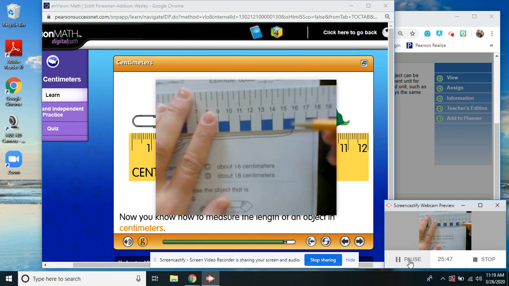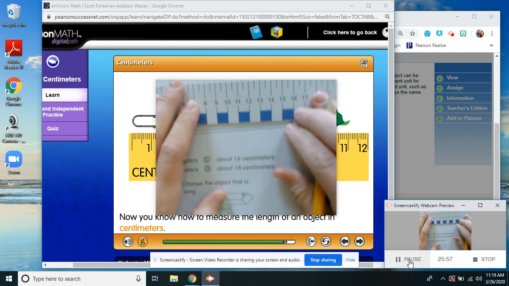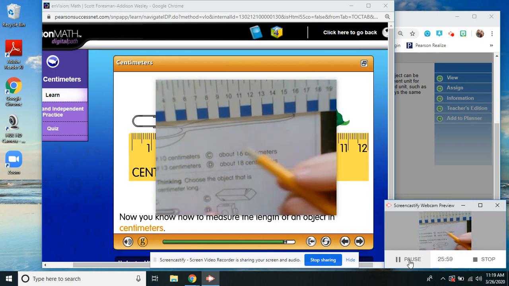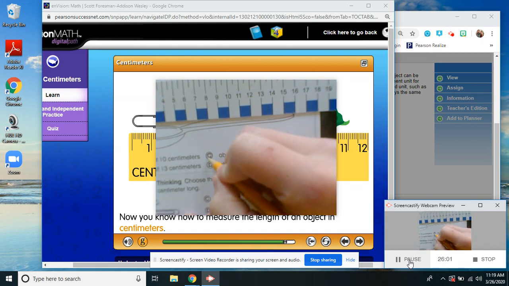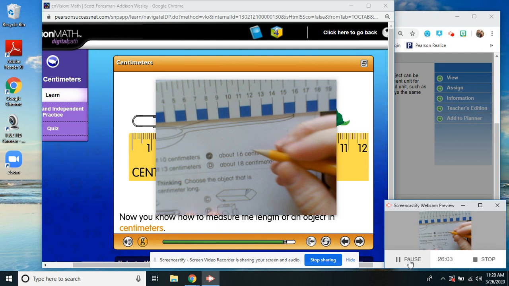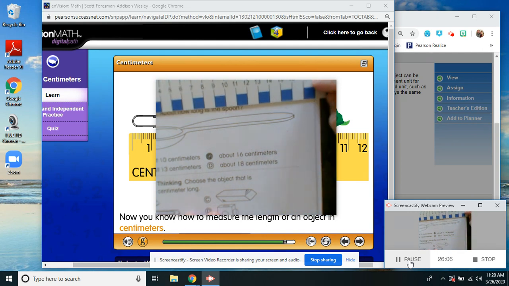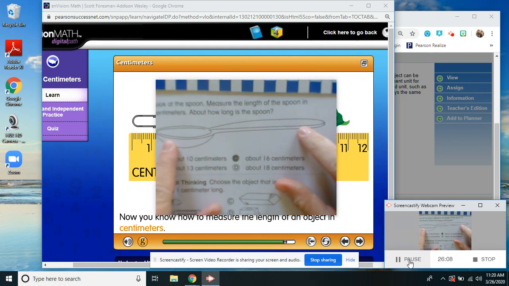Ooh, I see that this spoon lands between 15 and 16. It is very close to 16, which is our nearest centimeter. So I need to find that answer, and I see it is letter C. It is about 16 centimeters long.